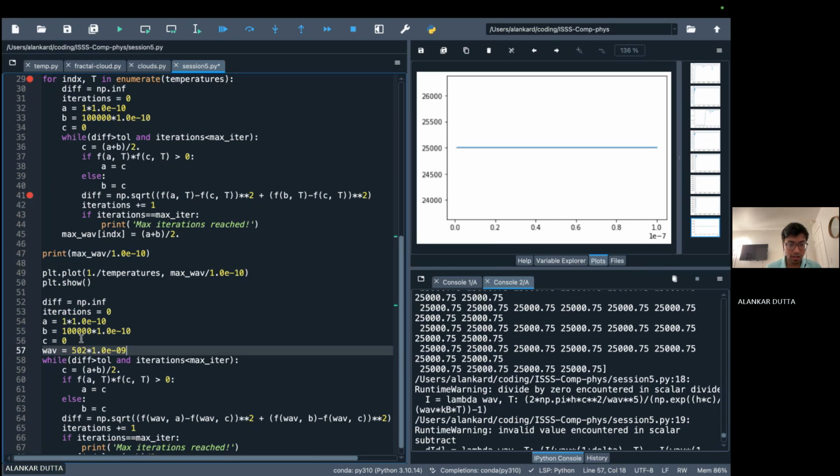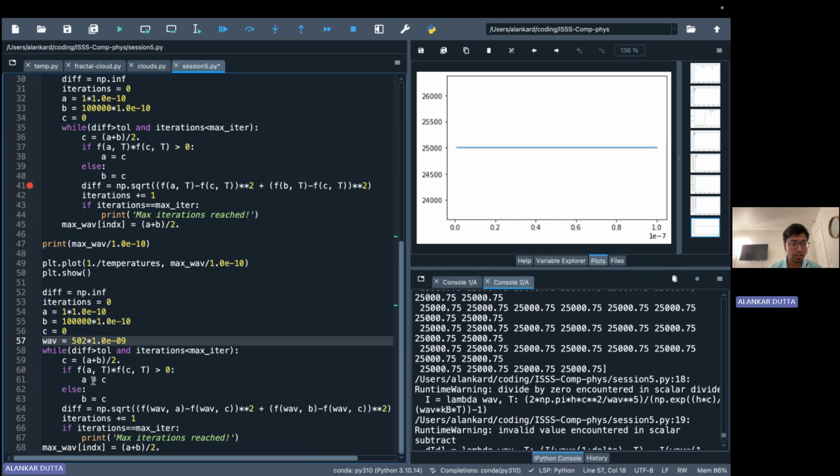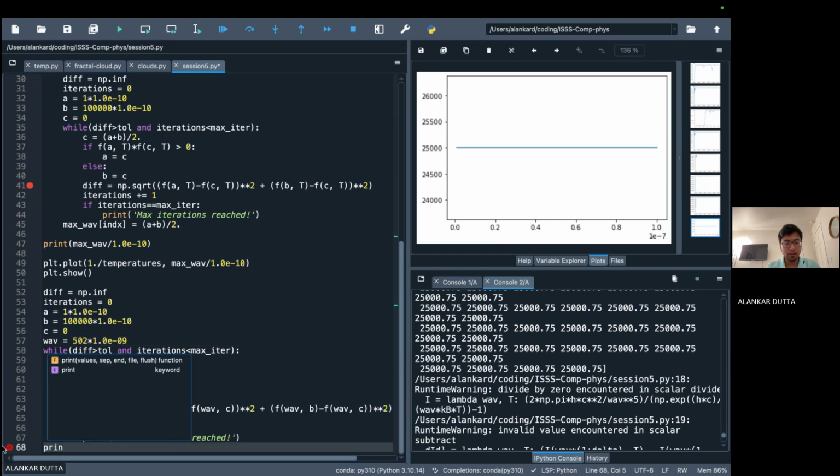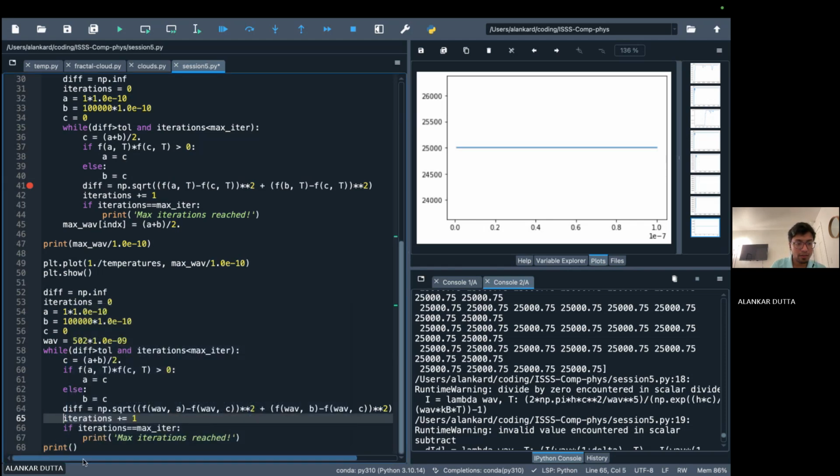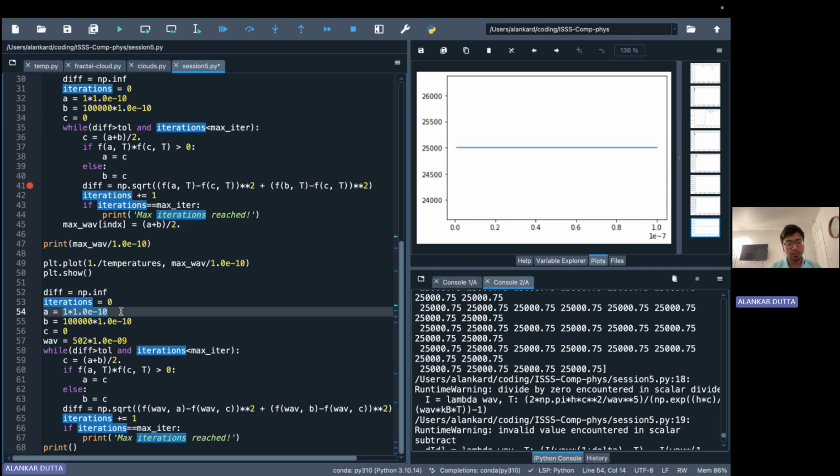And we have this, and we are going to go through a few number of iterations. And after that, what I'm going to print in here is the temperature, which is what we want to estimate.